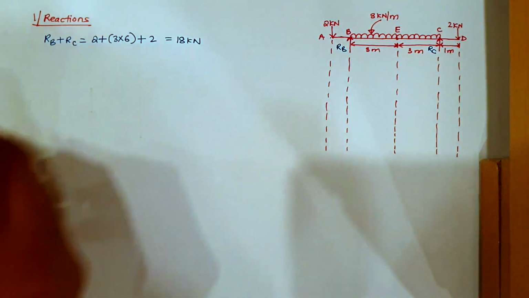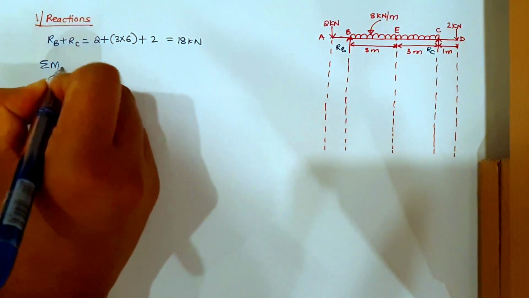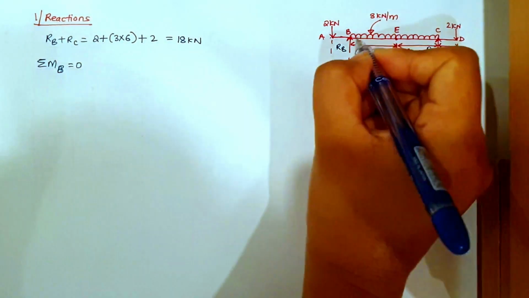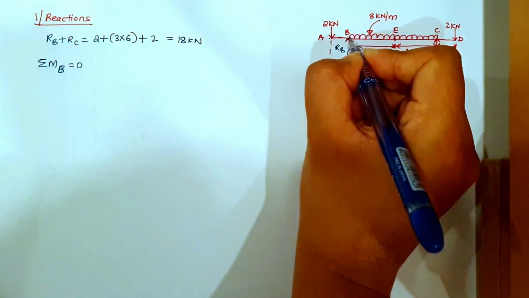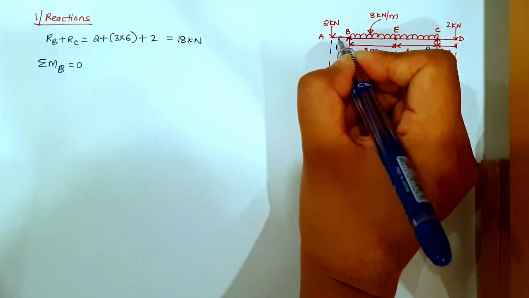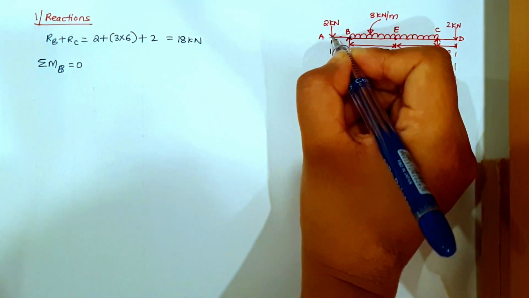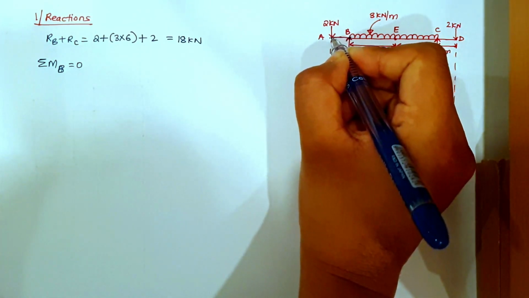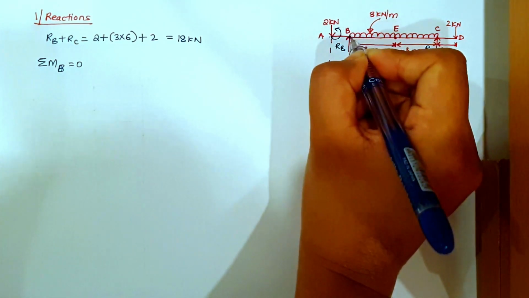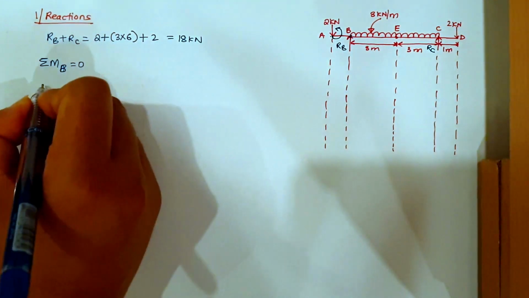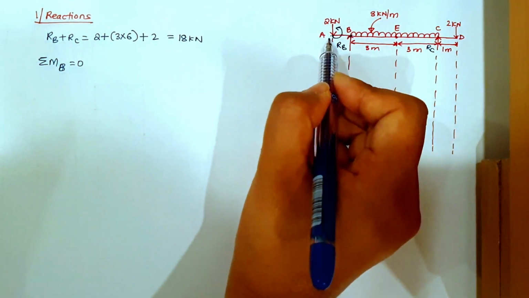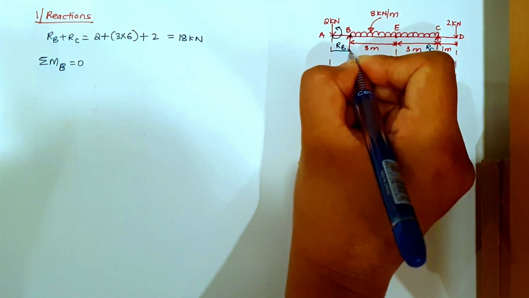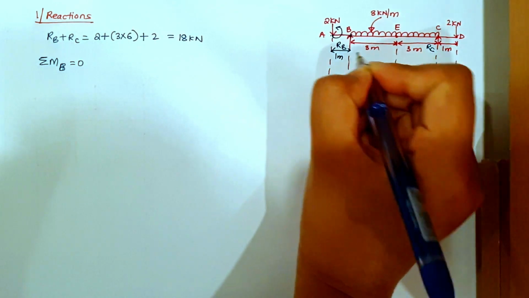Now summation of moment about B equals 0. I'm taking a reference point at B here. The point load from A will go in an anti-clockwise direction towards B. To go from A to B, this distance is given equal to 1 meter.